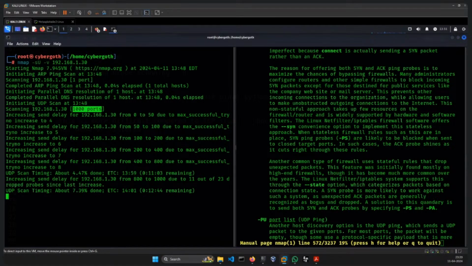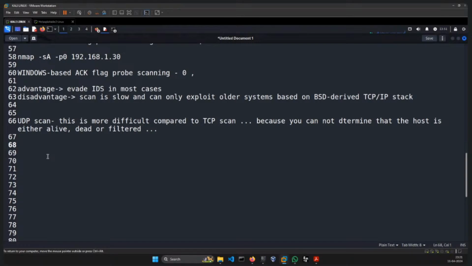Then there is another technique called fragmentation, one of the best ways. By the word itself you can understand that fragmentation is fragmenting your TCP packet into multiple parts, keeping parts of the TCP header in those packets, so that a monitoring system on the target that might be active is not able to monitor or detect you.